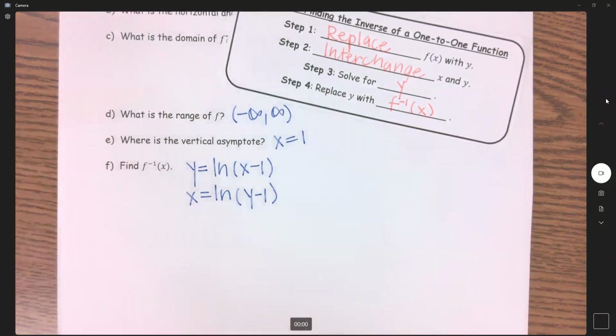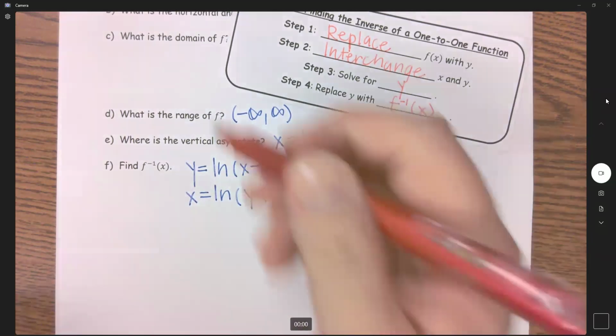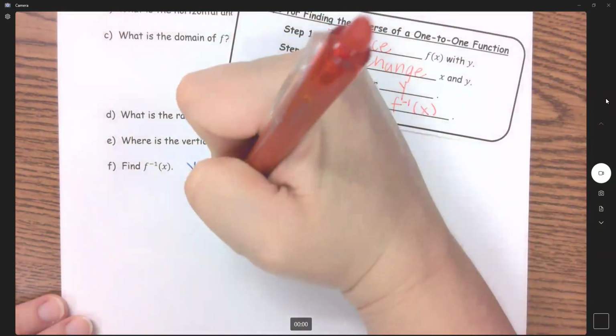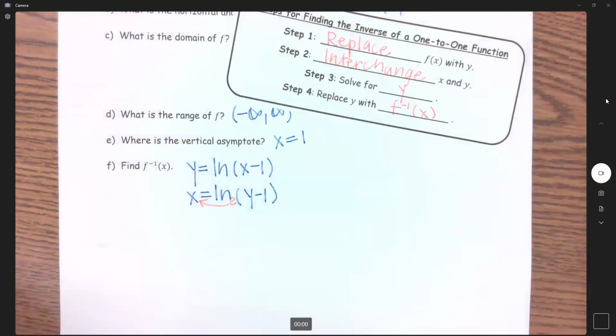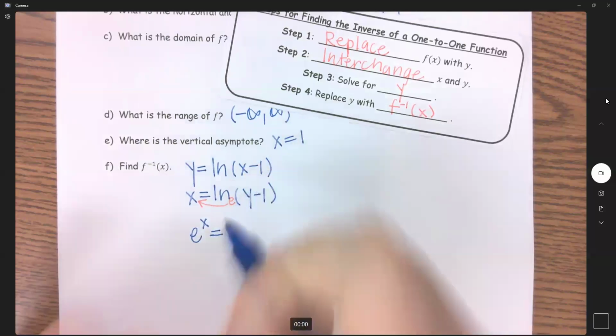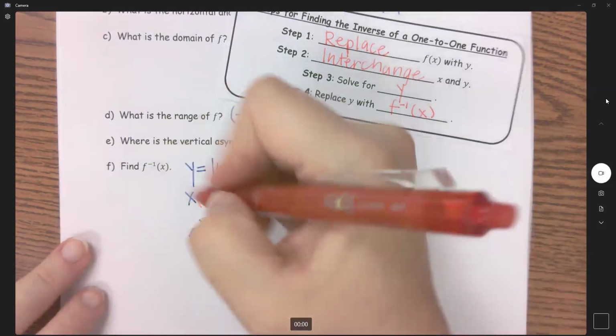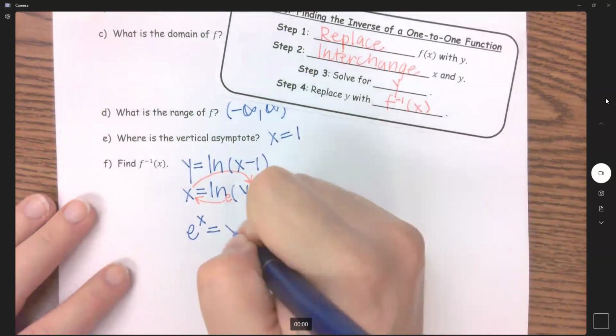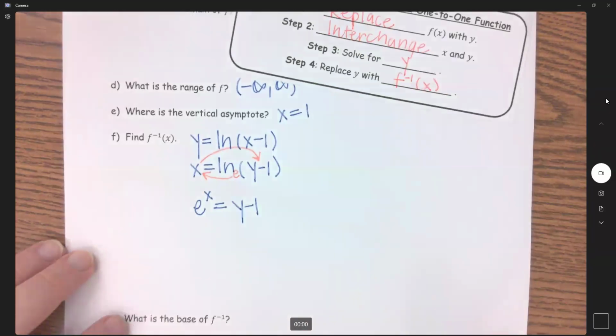So what are we going to do? We're going to rewrite this as an exponent. Natural log is with a base of e. So we're going to move the base to the other side of the equals. So this is e to the x equals what's inside my log, y minus 1.